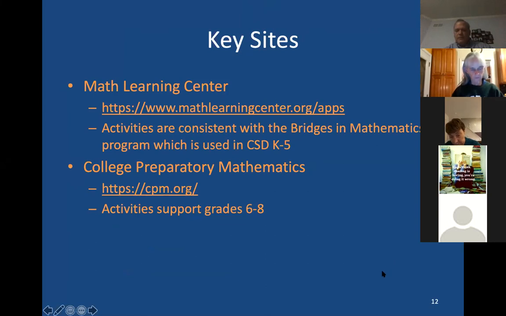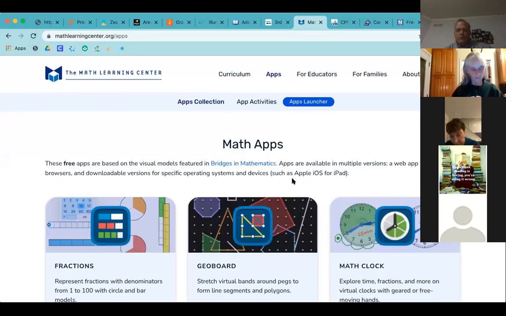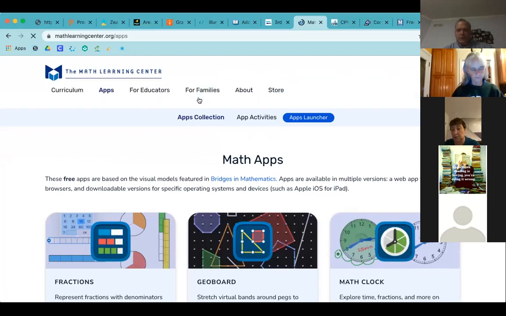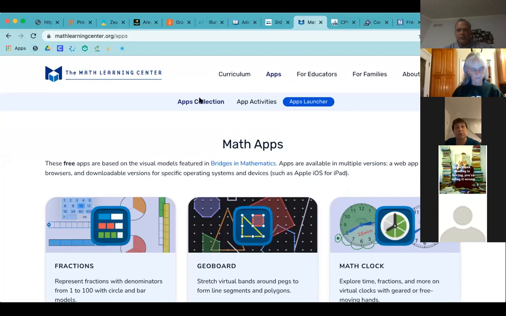So if they've shared with you what they're actually working on, you're able to go in here and find the apps that go along with whatever they happen to be studying. So I'll try this one here.